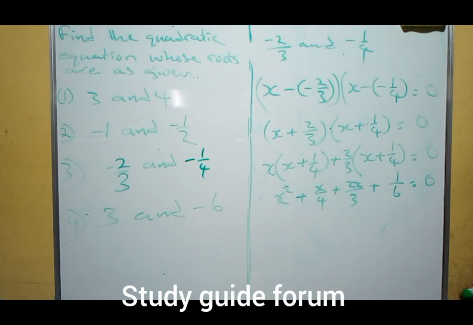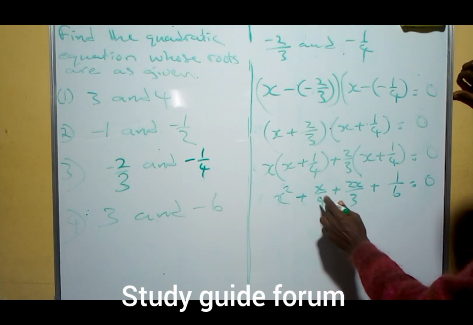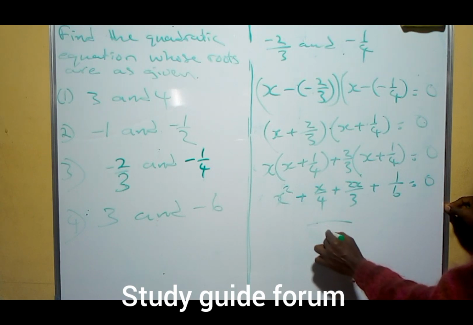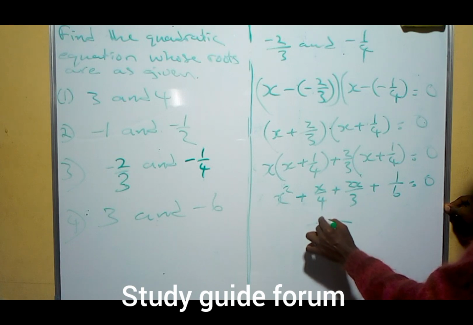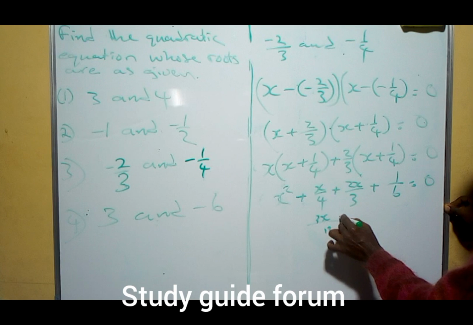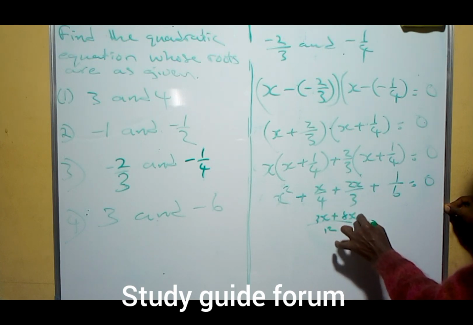So the next one we're going to do here is, since we have this, we're going to add up these two. Adding it up, we have 12. We have 2 giving us 3. This other one will give us 4. We have 8.